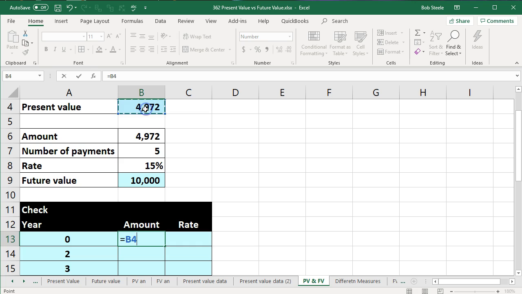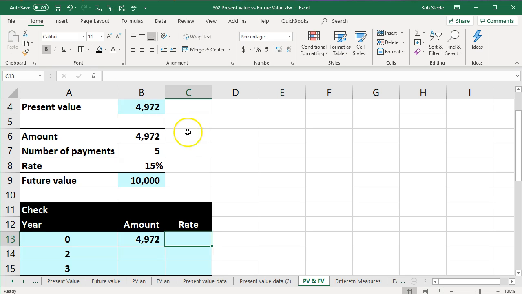Let's start with the present value amount, and then let's increase it by 15% each year. So that means we're going to have the 100% plus 15%, so the rate is going to be 115%.